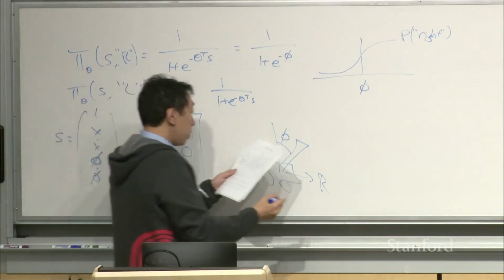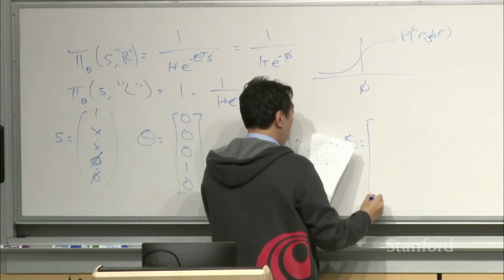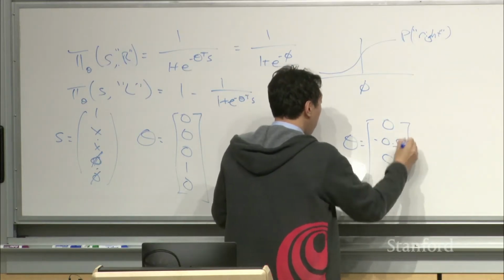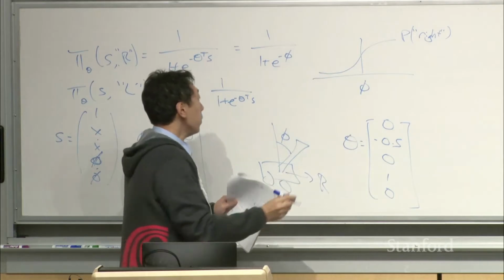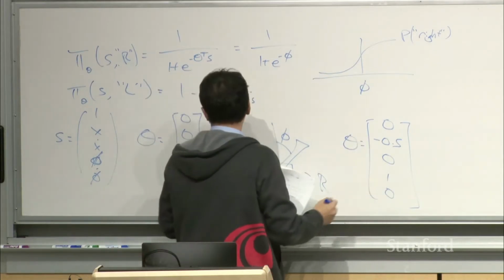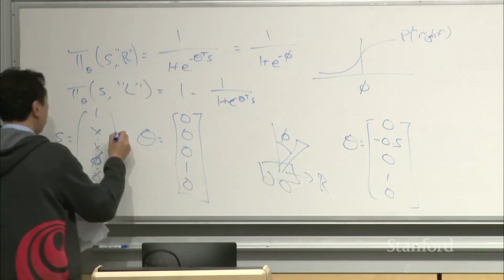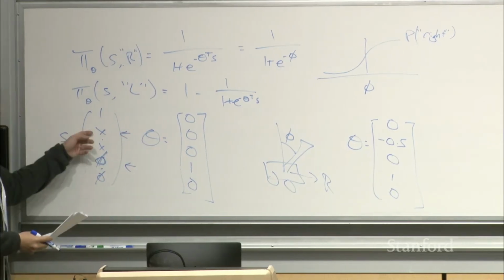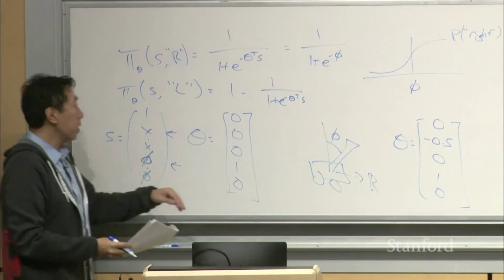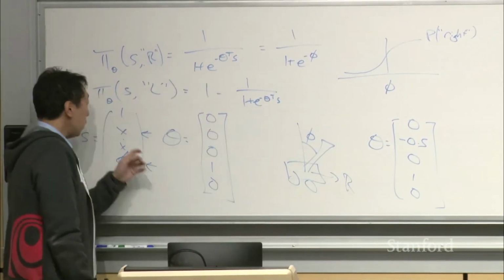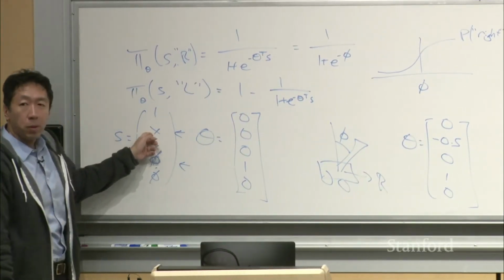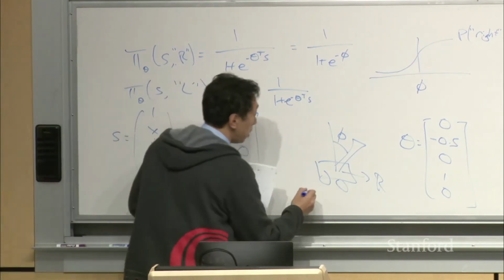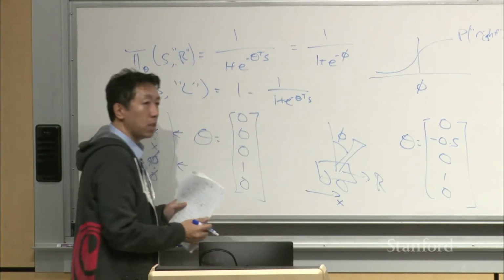But if you were to set theta equals 0, negative 0.5, 0, 1, 0, then the negative 0.5 now multiplies into the x position, right? Now this new policy, if you have this value of theta, takes into account how far is your cart already to the right, where I guess this is the x distance, right?